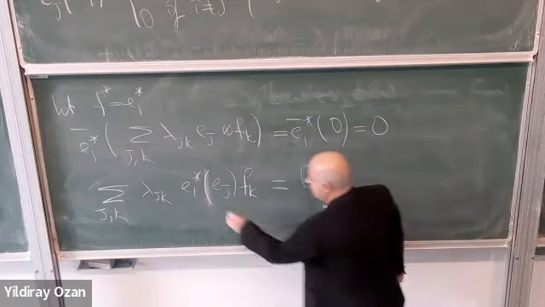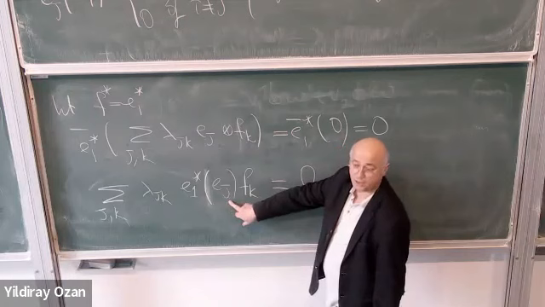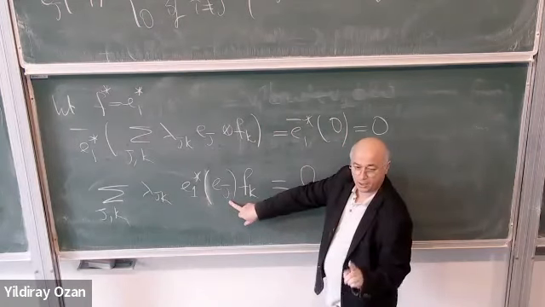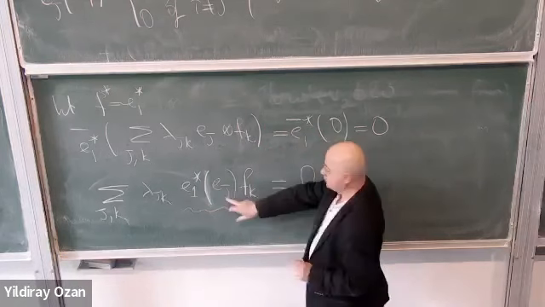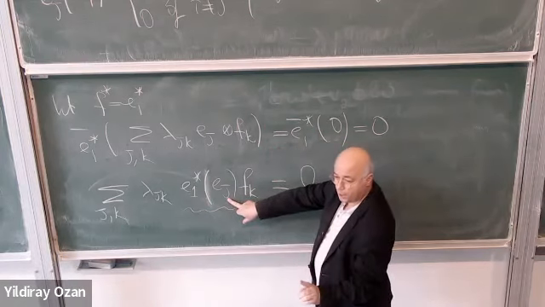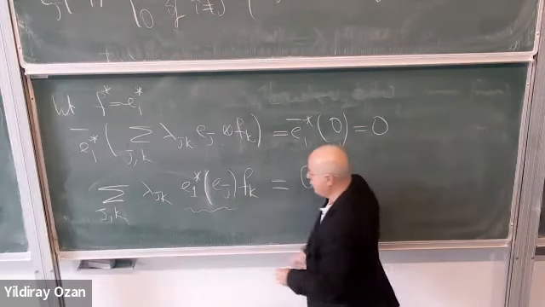What is this? This is E1 star applied to EJ. This is 0 if J is not 1, and if J is 1, it is 1.